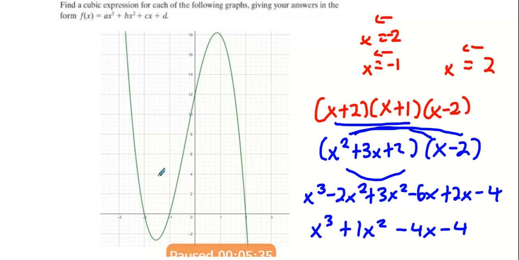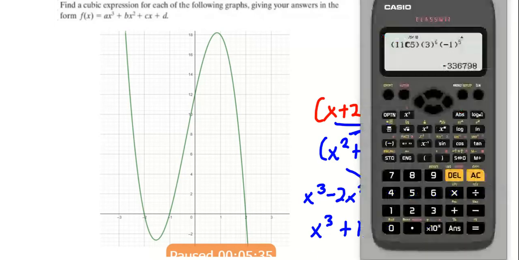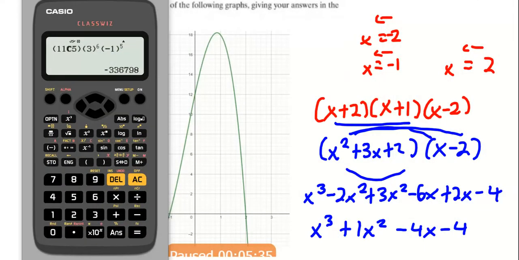Okay, so we're going to check that answer with the graph we're given. Okay, so we go to our table function in our calculator. Okay, and we throw it in and we see what happens. All right, so menu, calculate. x cubed minus 2x squared, I'll say plus 1x squared.